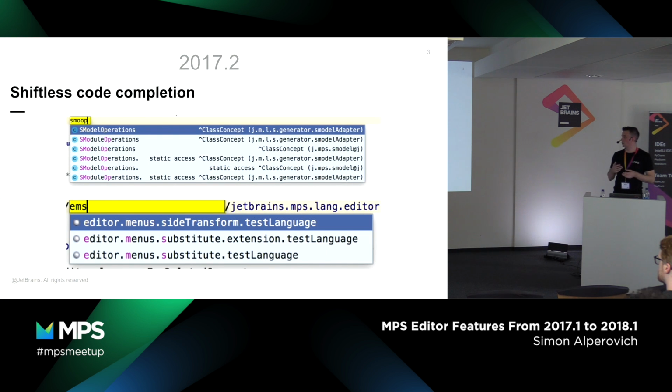I typed SMOP and got SModelOperations. It works not only for uppercase but also for other separators such as dots. Typing EMS gets you editor.menu.substitute paths. So that was 2017.2.